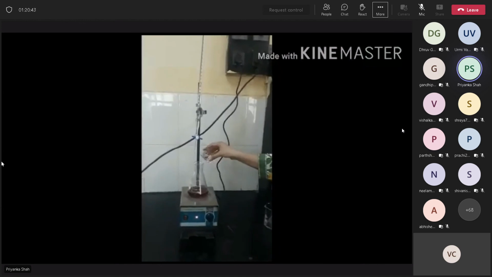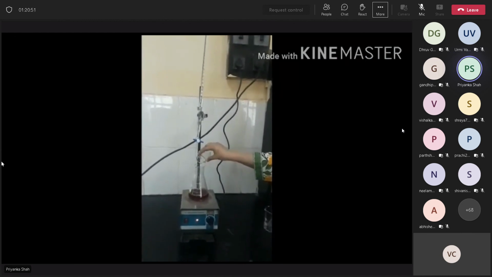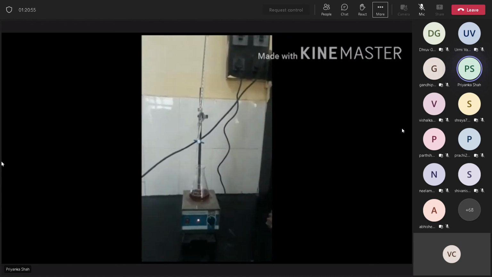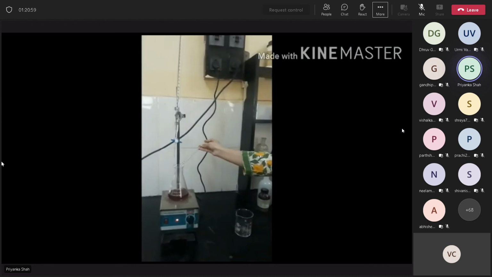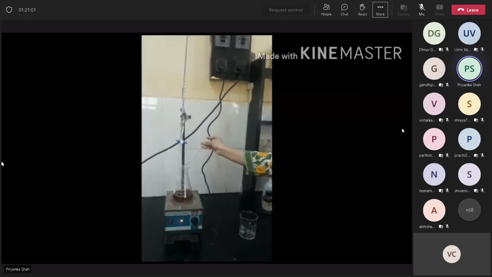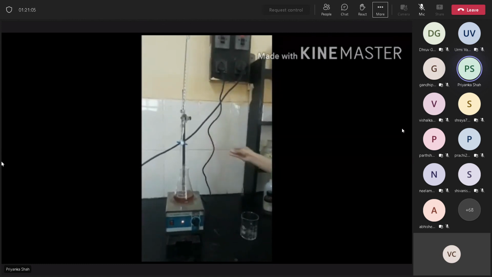To the previously titrated solution, 20 ml of EDTA solution was added and a few drops of 1 molar nitric acid was added to maintain the pH between 1 to 2.